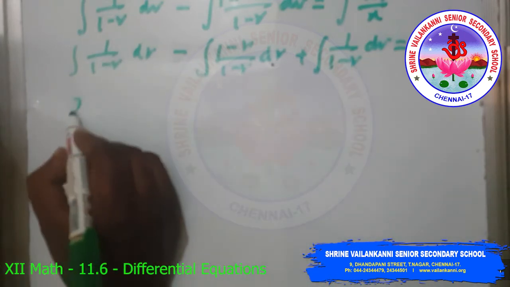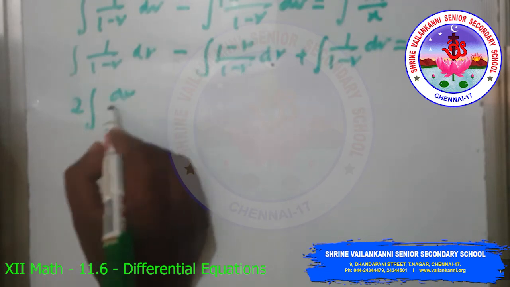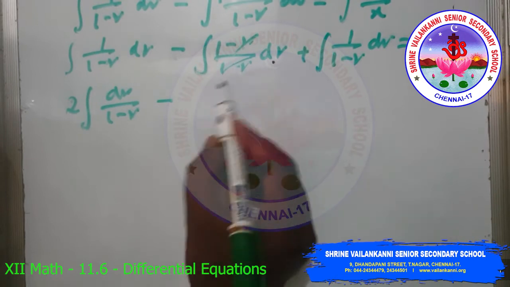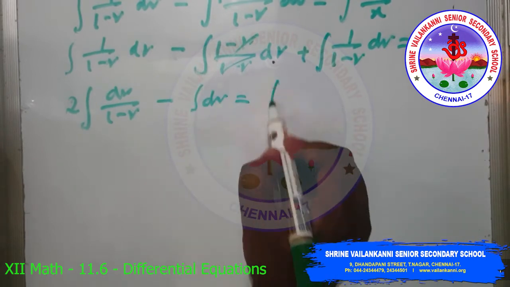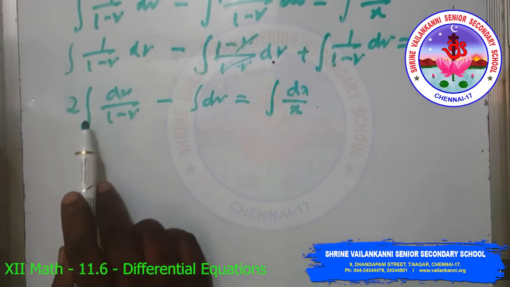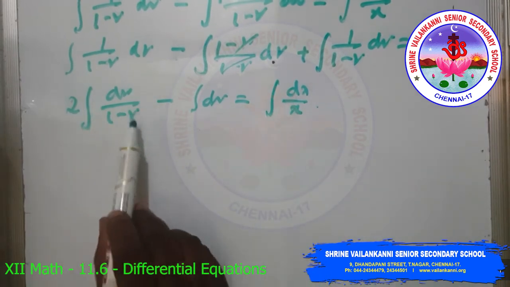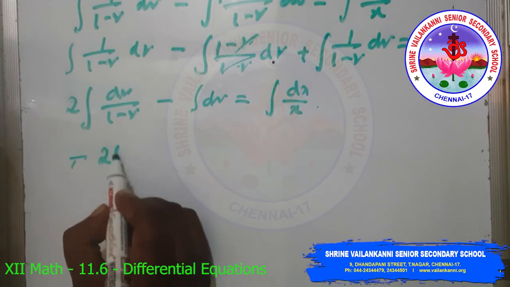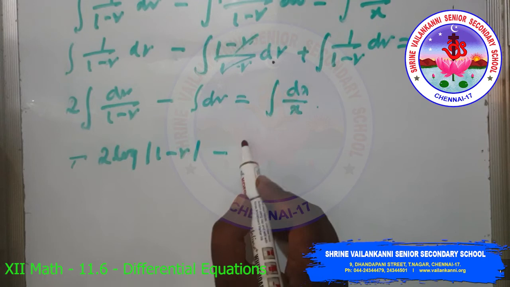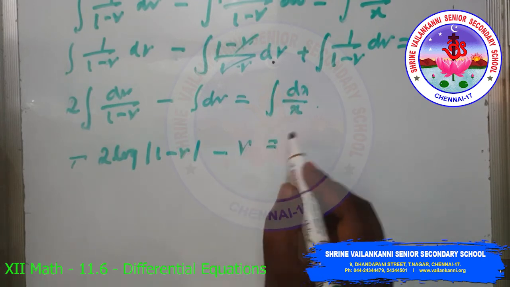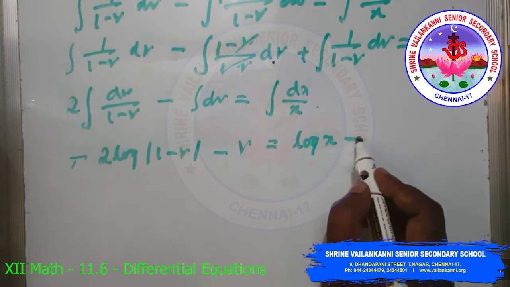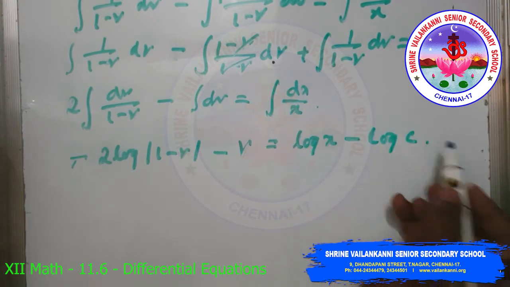So adding this, 2 times the integral of dv/(1 − v), minus, cancelling this, we get the integral of dv, which is equal to the integral of dx/x. So the integral of dv/(1 − v) is −2 log(1 − v), minus the integral of dv, which is v, equal to the integral of dx/x, which is log x − log c.